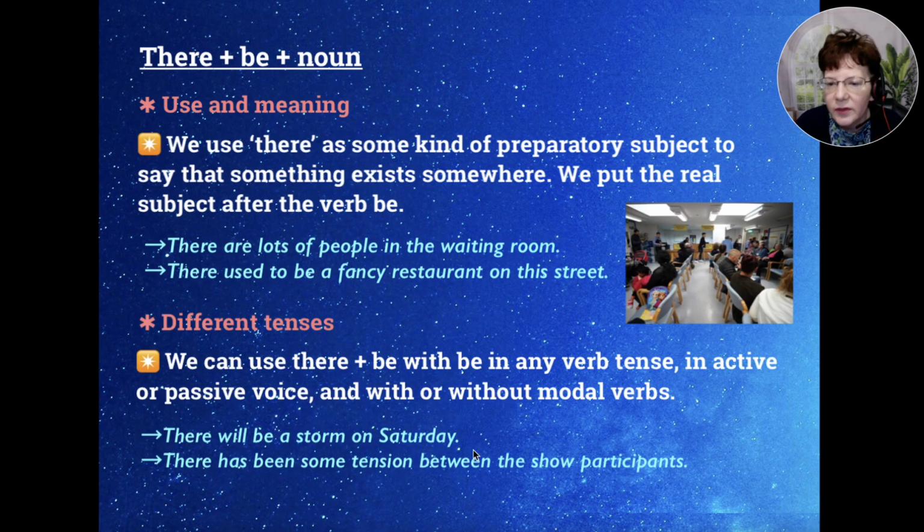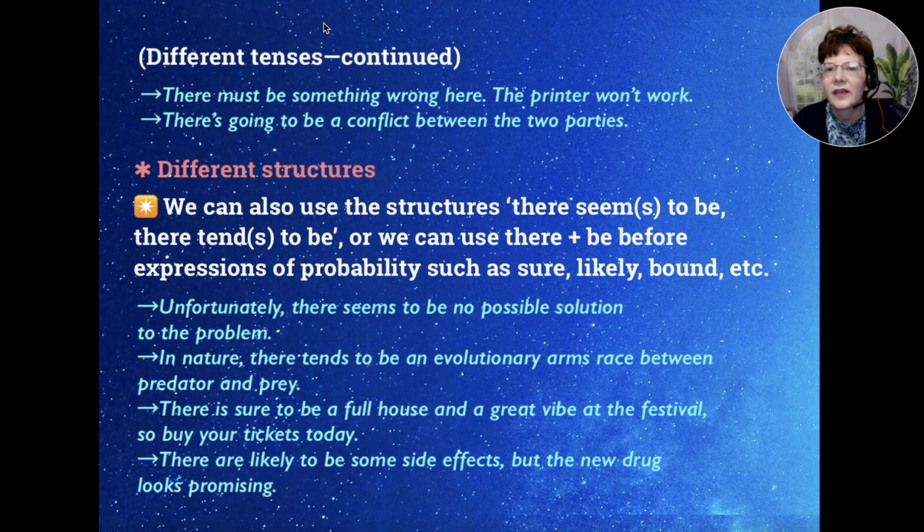So notice the different tenses here with be. Now there's a couple more examples. There must be something wrong here. The printer won't work. So we've got must as the modal verb here. There's going to be a conflict between the two parties. So future form here.